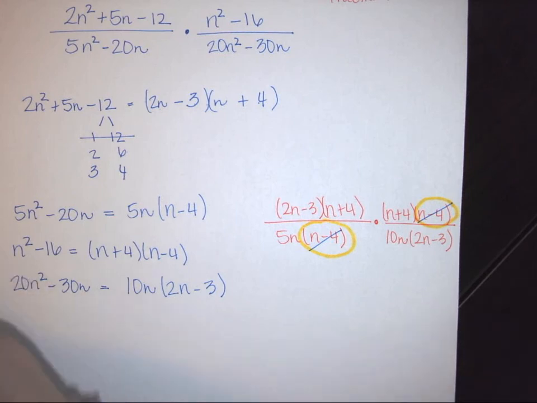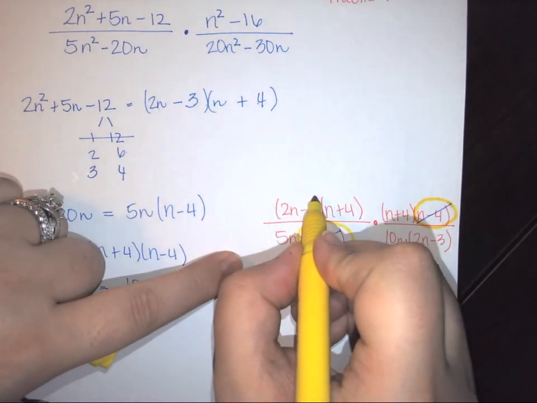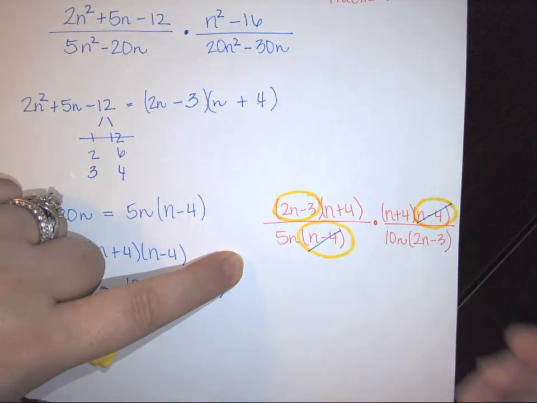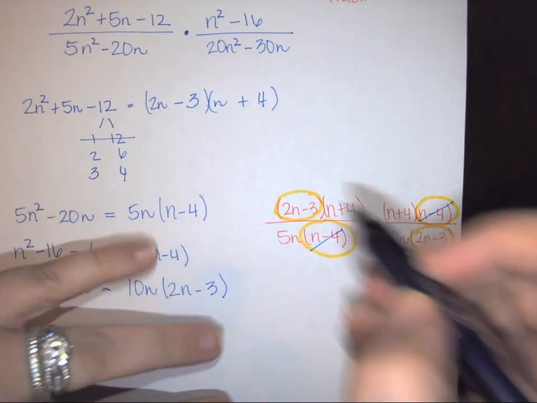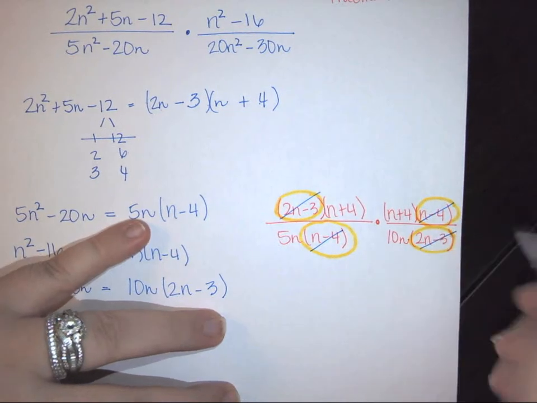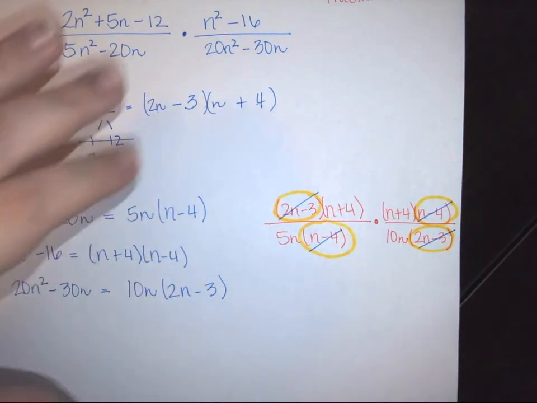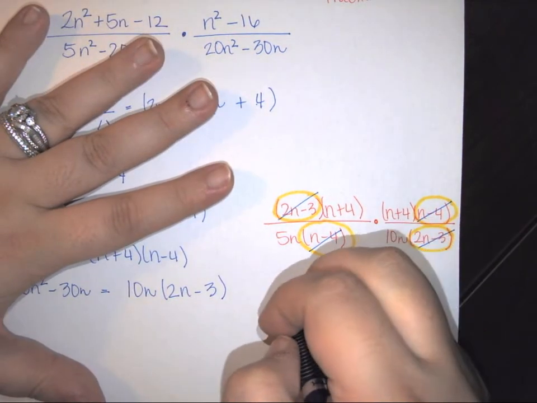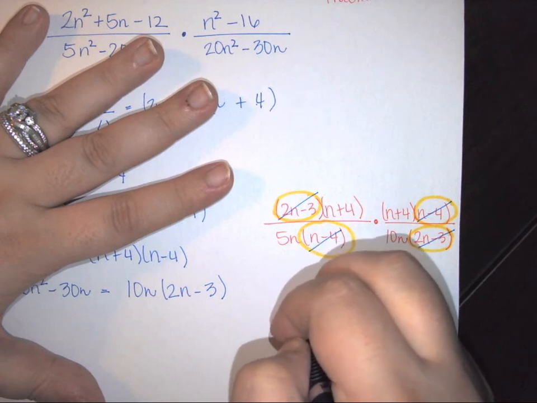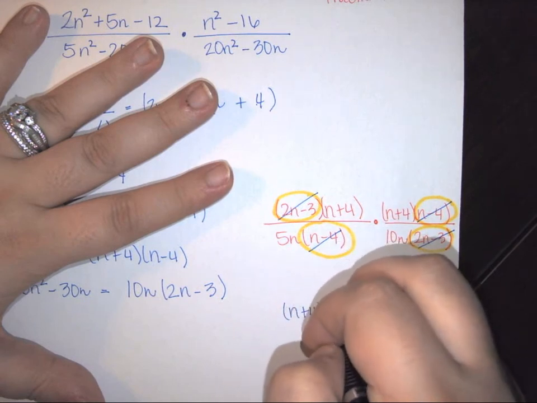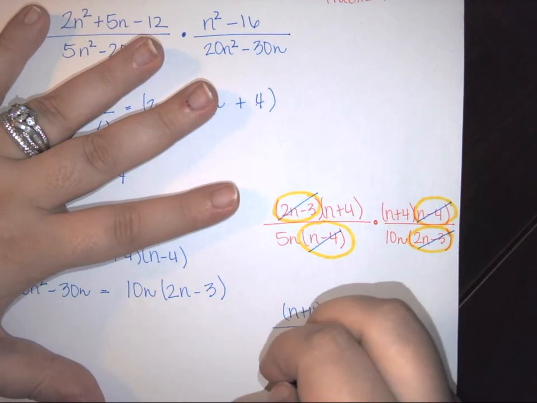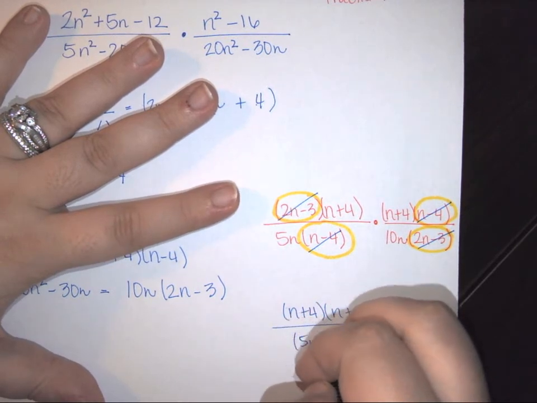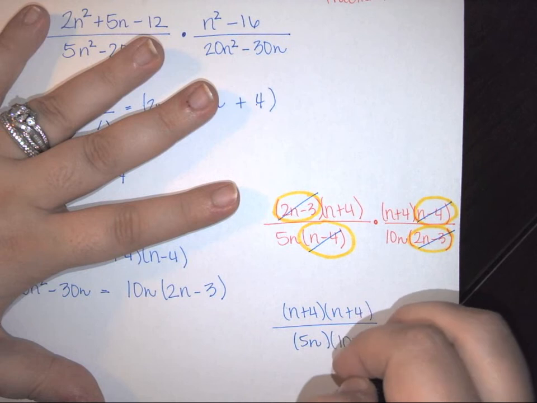The second thing that I have is this 2n minus 3 and a 2n minus 3, which also says I can cross them out and they will completely go away. This is going to leave me with n plus 4 times n plus 4, and the whole thing is going to be over 5n times 10n.